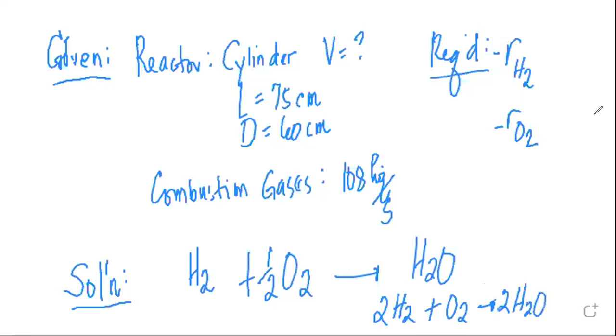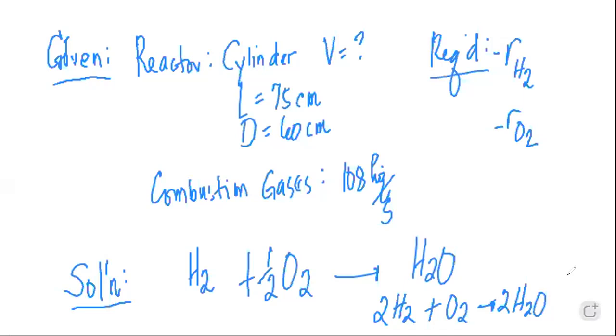The stoichiometry will be our guide as to how we are going to determine the rate of change of the number of moles of hydrogen and oxygen. Do you have any question about what was written here? None?